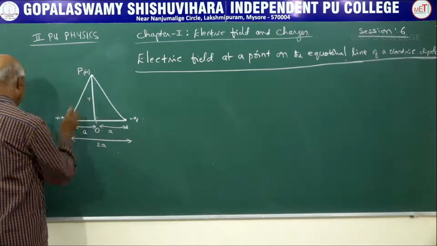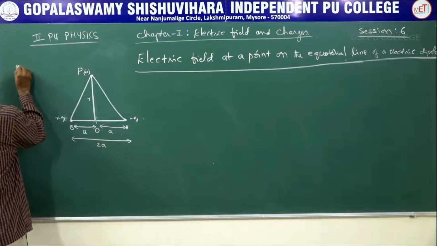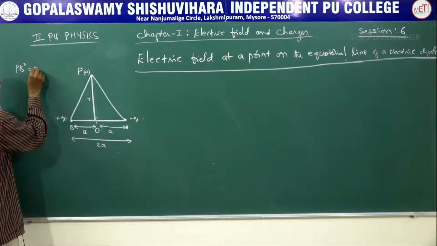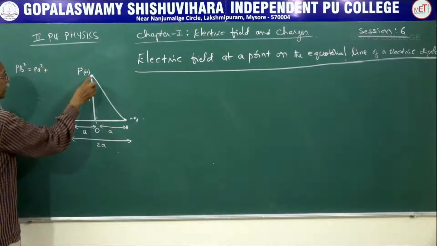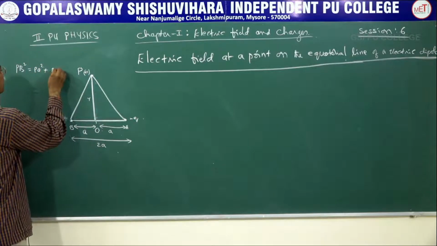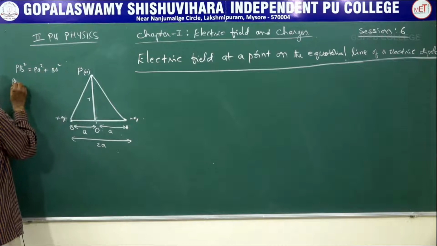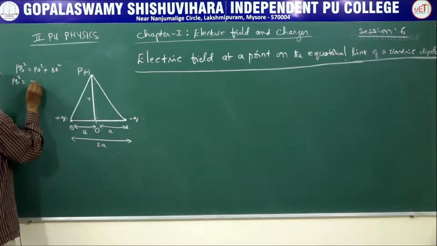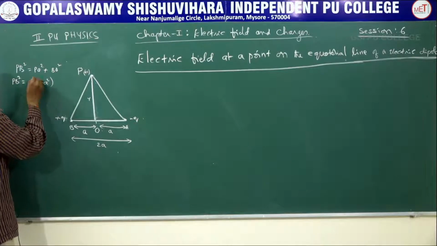Since this is equal to a and this is equal to r, we can write that PB square will be equal to PO square plus BO square. Therefore, PB square is equal to r square plus a square.